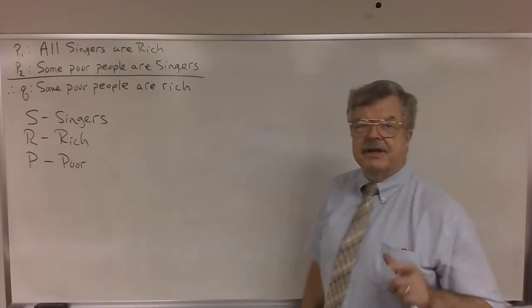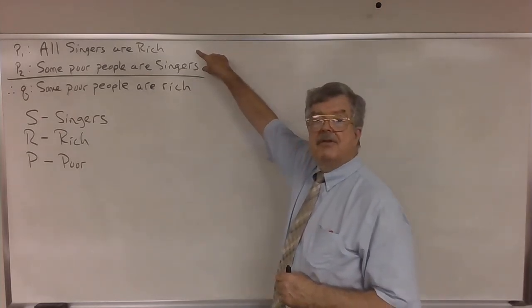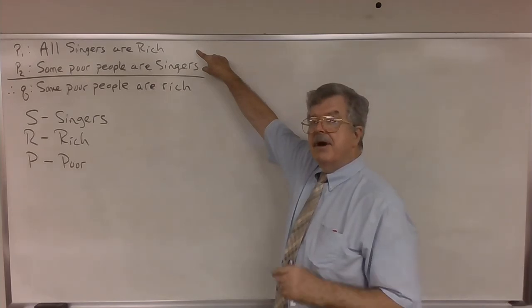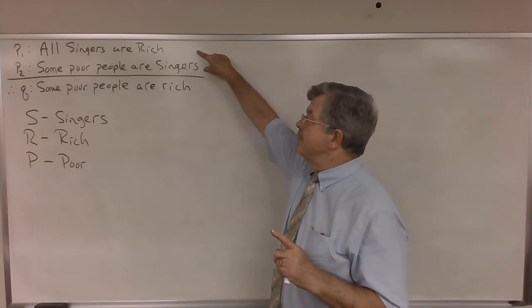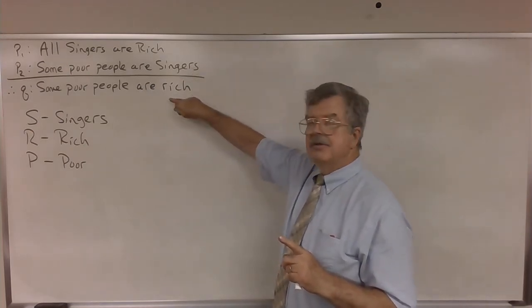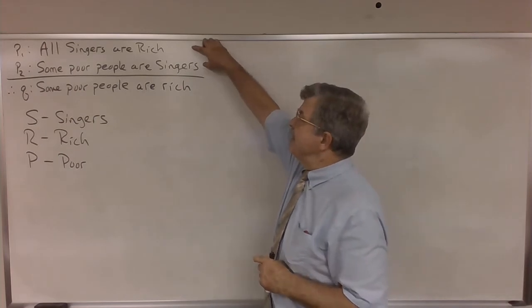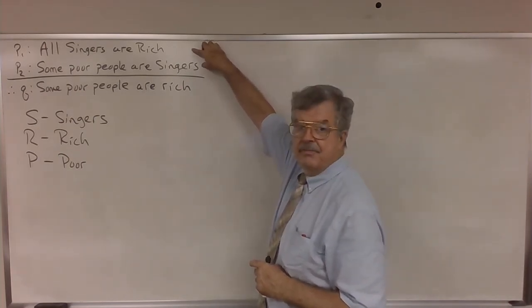And our strategy again: draw the diagram in such a way that the premises are true. But if at all possible, draw the premises so that the conclusion is false. But first and foremost, we have to draw the premises so that they're true.